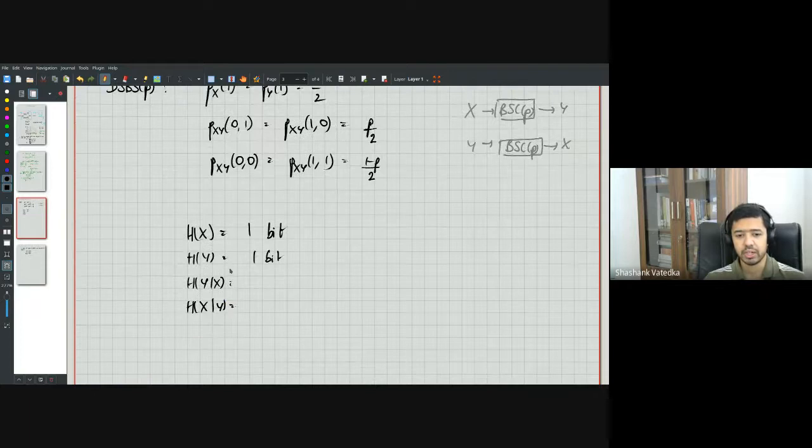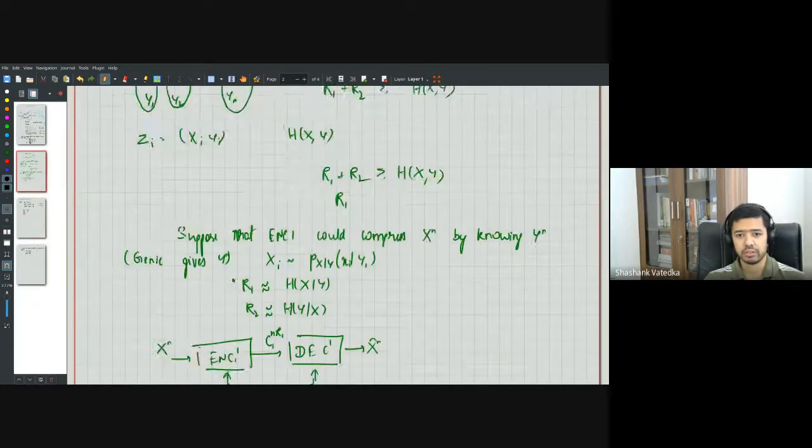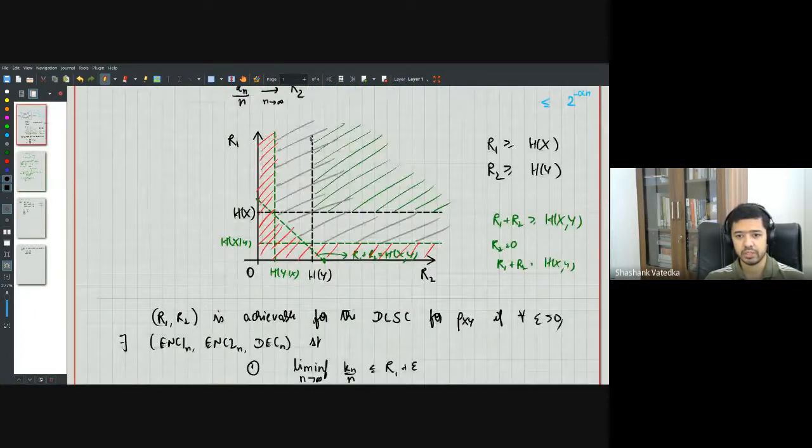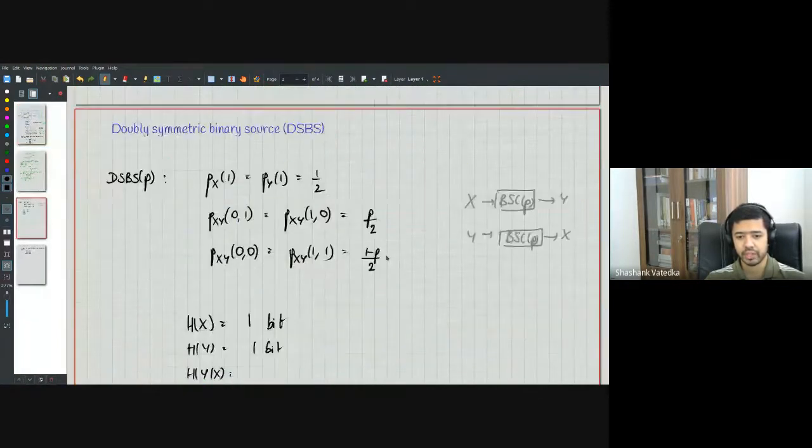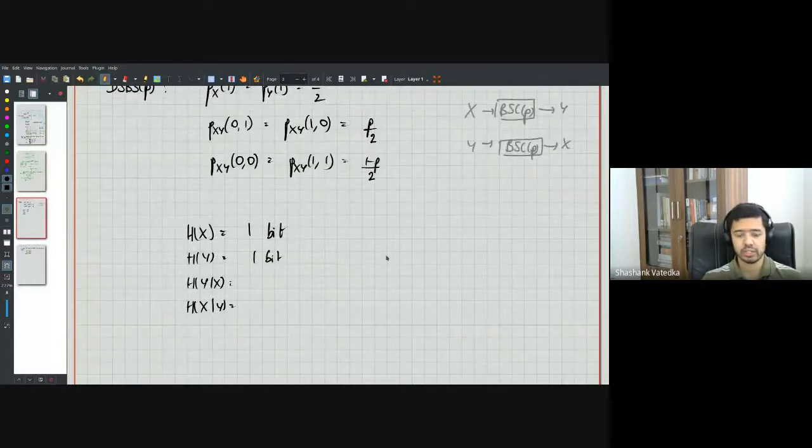But on the other hand, if you look at this, that would be these lines, H(X) and H(Y). So this corresponds to no compression. Now, the green lines correspond to something much smaller. If p is small, then H(Y|X) and H(X|Y) could be much smaller.